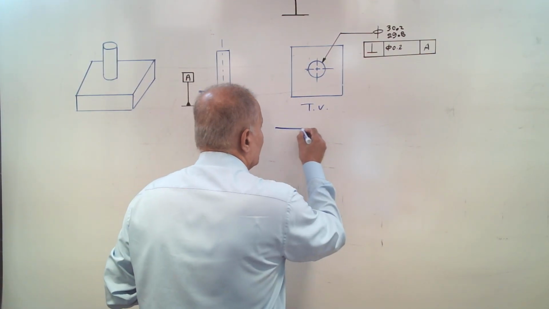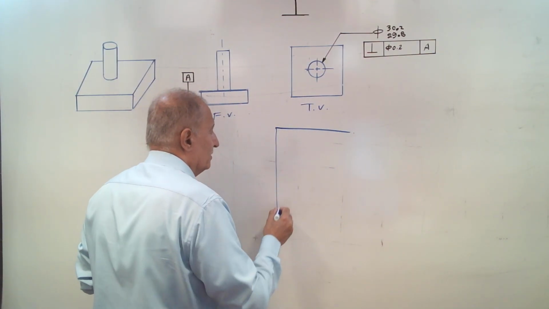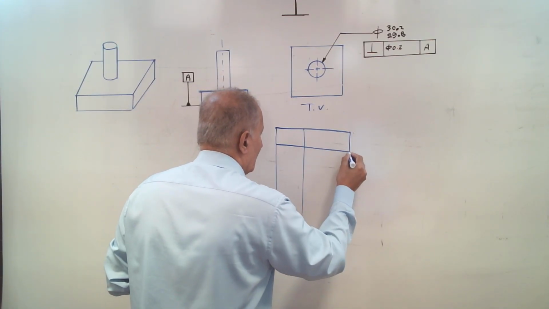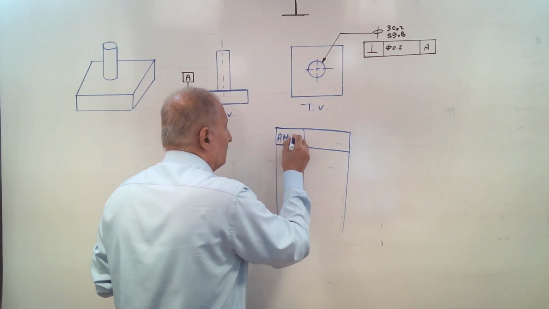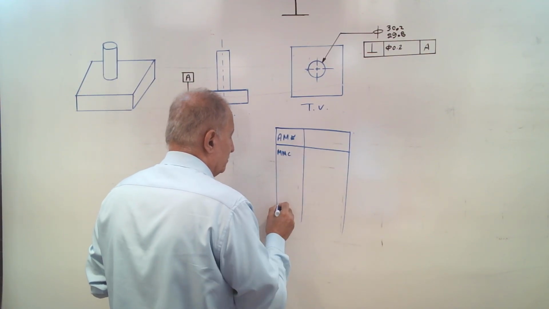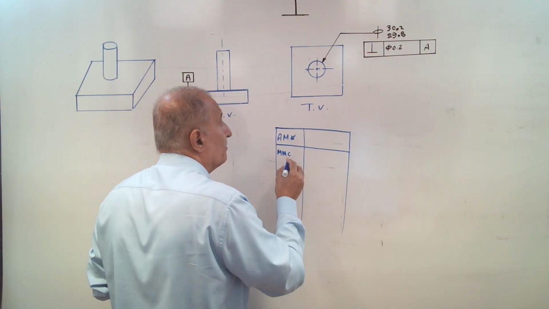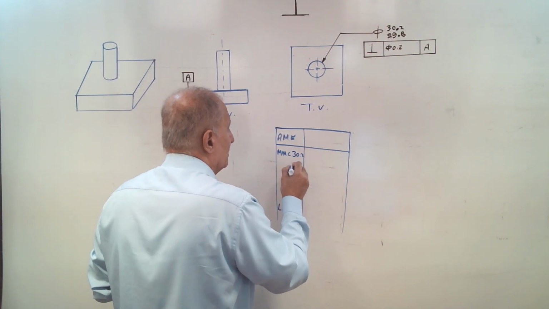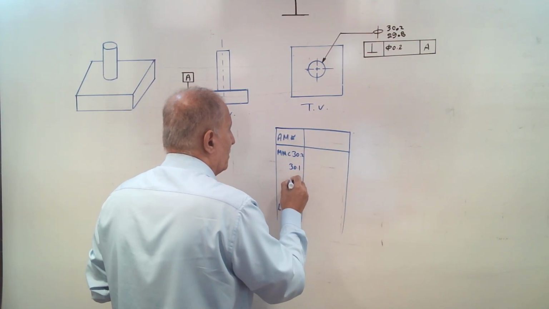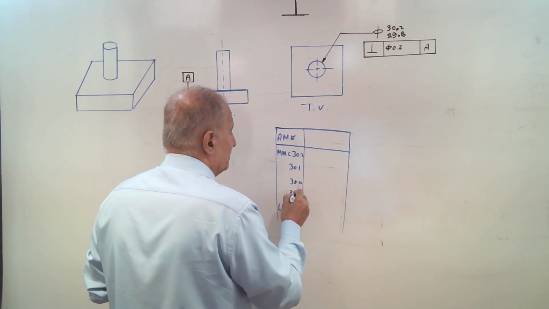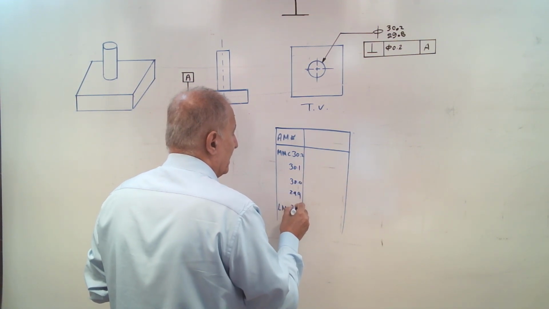Let's show it with some actual mating envelope from MMC to LMC. MMC for this shaft is 30.2. Then other sizes 30.1, 30, 29.9.